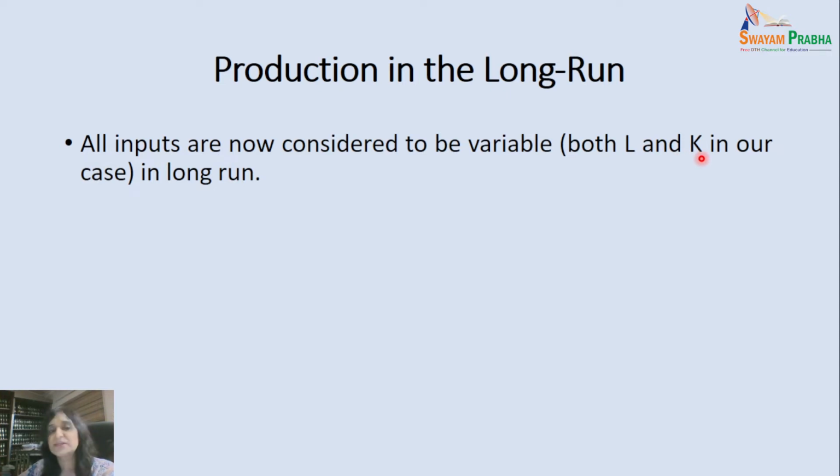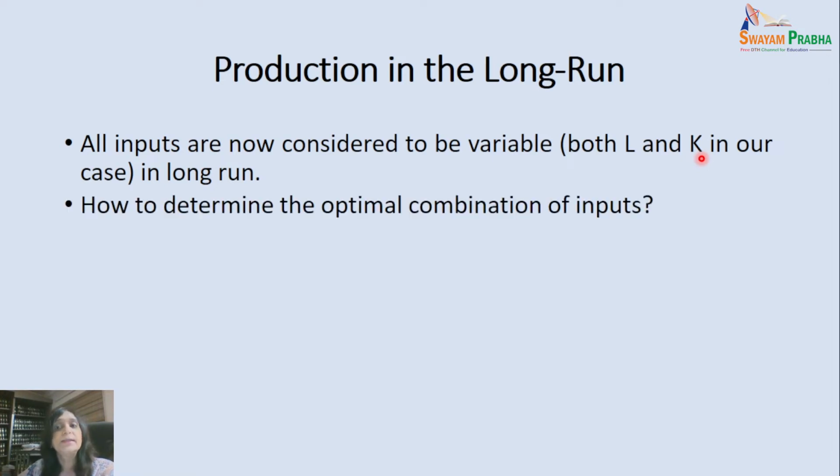So both the factors of production or inputs have become variable. Now the question is, I as a producer can change labor as well as capital. So how do I determine what should be my optimal combination of labor and capital?